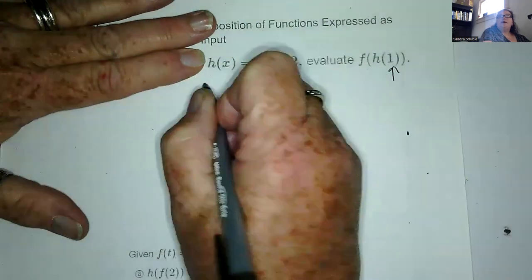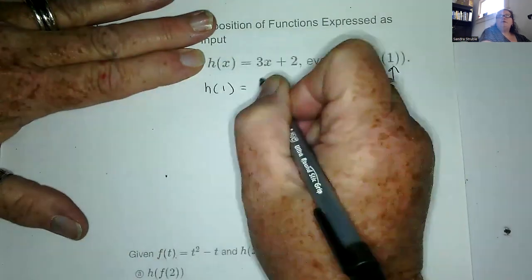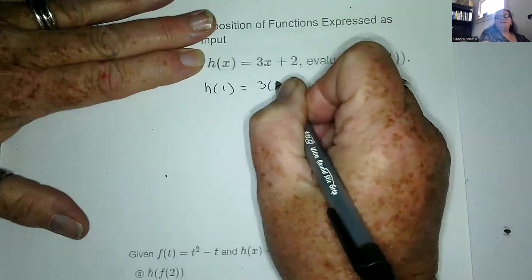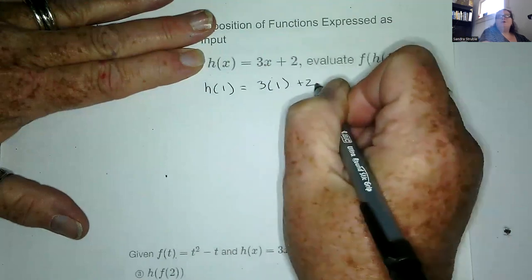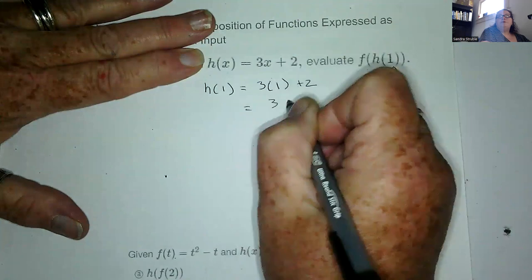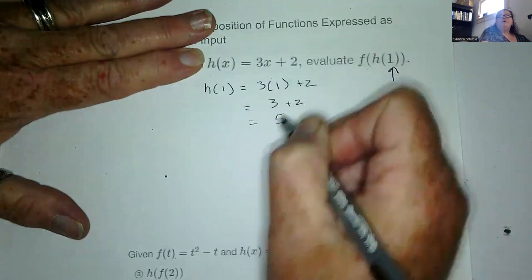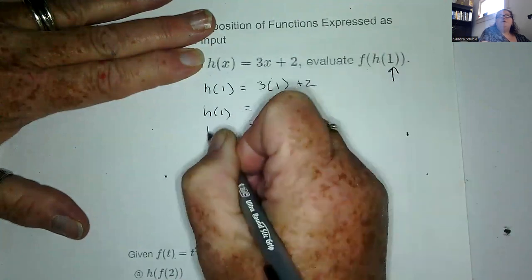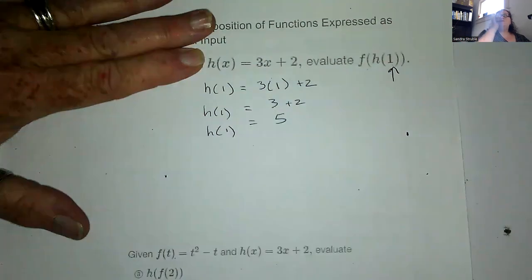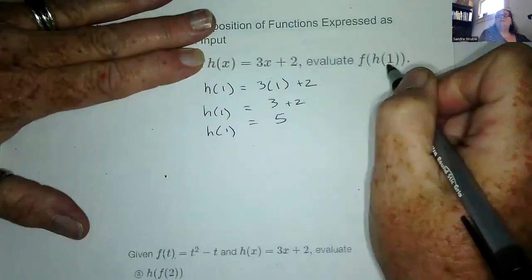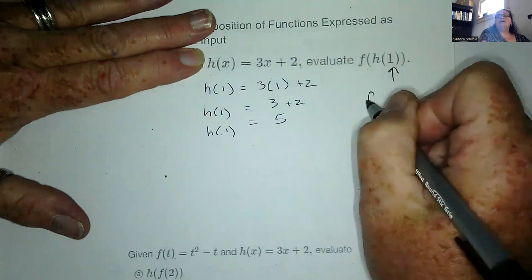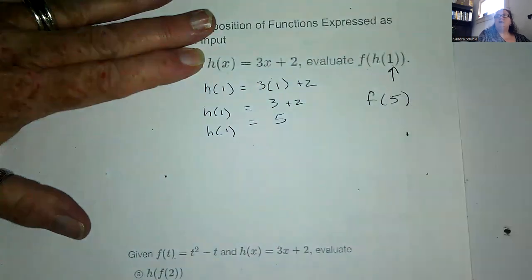Okay, so we're going to have h of 1 is equal to 3, and everywhere there's an x, I'm putting a 1, plus 2. So that's equal to 3 plus 2, which is 5. So h of 1 is 5. Now I've got f of 5 is what I'm looking for.